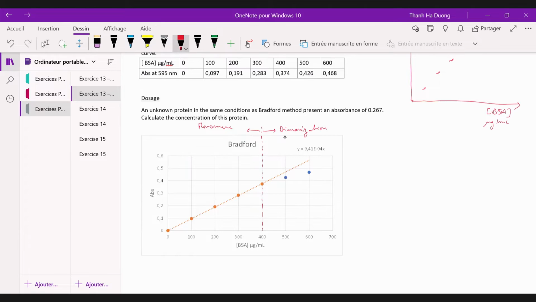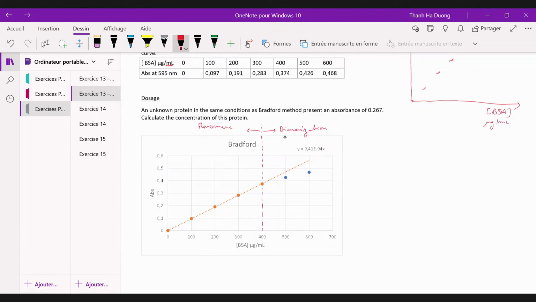That's why we need to plot the standard curve, to be sure to be in the region where the Beer-Lambert law is correct.